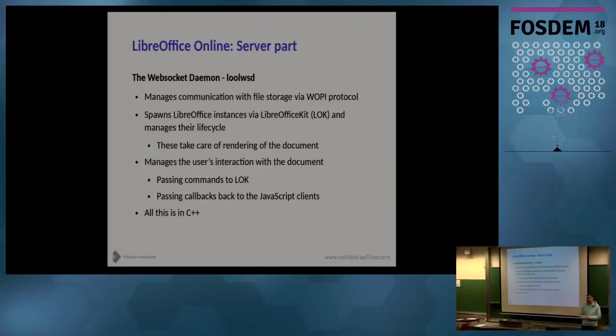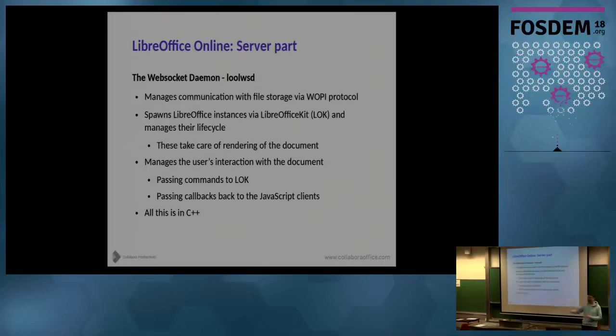So basically, LibreOffice Online has two parts. One is the server part, which contains the daemon that is responsible for the actual communication with the clients. It spawns LibreOffice instances, so that each document has its own LibreOffice instance that is responsible for the actual typing in the document.